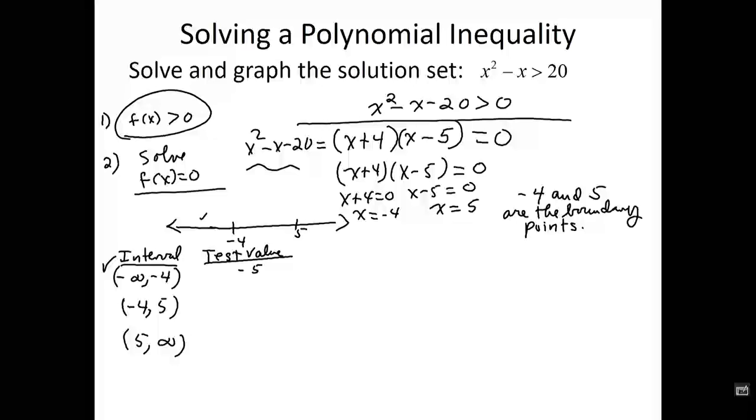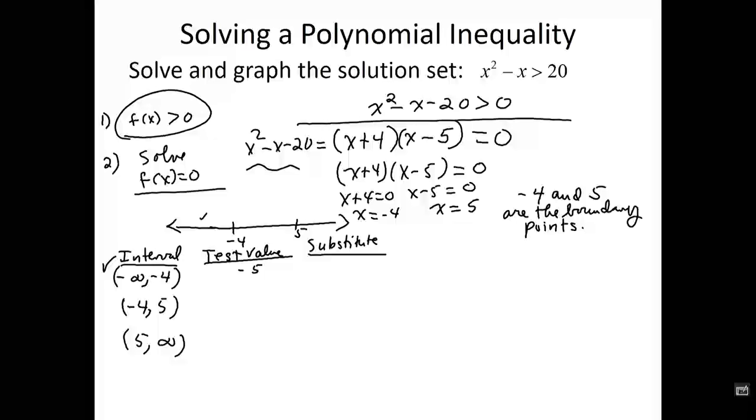And now what do we do with that? We now want to substitute. In other words, we want to evaluate x squared minus x minus 20 when x is equal to negative 5, and see if f of x is greater than 0 or less than 0.